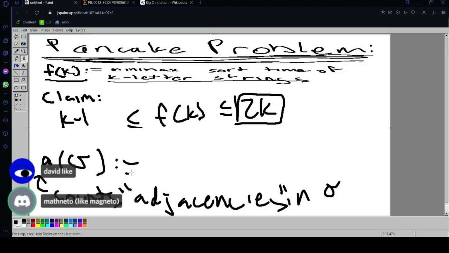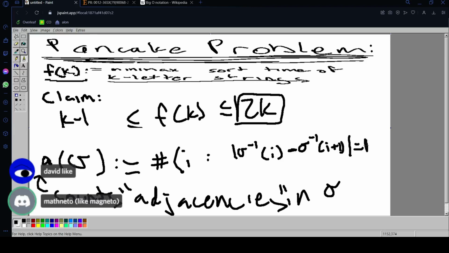Right, so basically what this is going to be considered equal is the number of I, the letter I, such that the position where I appears and the position where I plus 1 appears are right next to each other, essentially.